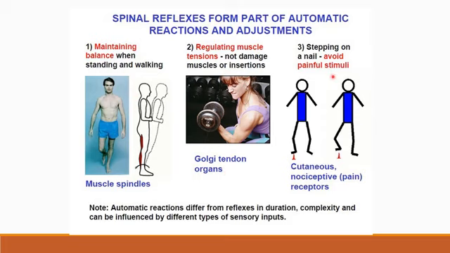Stepping on a nail, avoiding a painful stimulus, is a flexor withdrawal reflex, where cutaneous nociceptive pain receptors are the stimulators. Automatic reactions differ from reflexes in duration and complexity, and can be influenced by different types of sensory inputs.